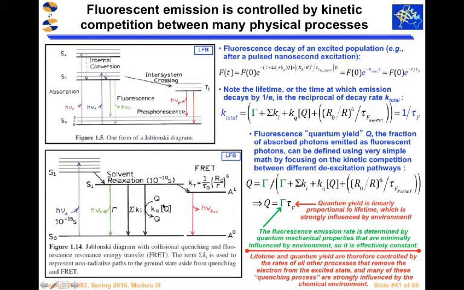So at any moment in time, the fraction of fluorophores emitting fluorescence compared to the total number decaying is simply going to be given by the ratio of the rates. So the rate of fluorescent emission divided by the total rate of decay is going to give us the quantum yield.